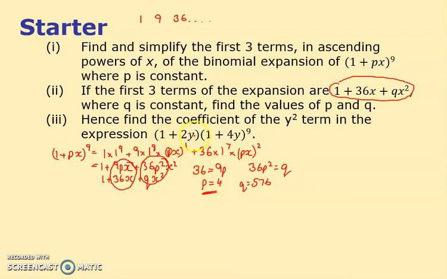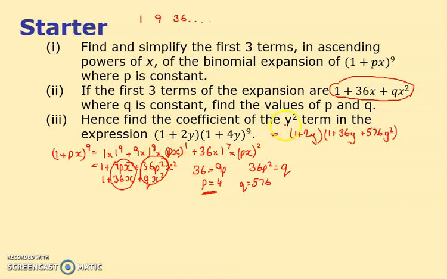I suppose it's the same thing, isn't it? 1 plus 4y they've said, my p was 4, so I had 1 plus 4x all to the 9, so this is really the same as 1 plus 2y times 1 plus 4y to the 9, which will be 1 plus 36y, because my p is 4, plus 576y squared.